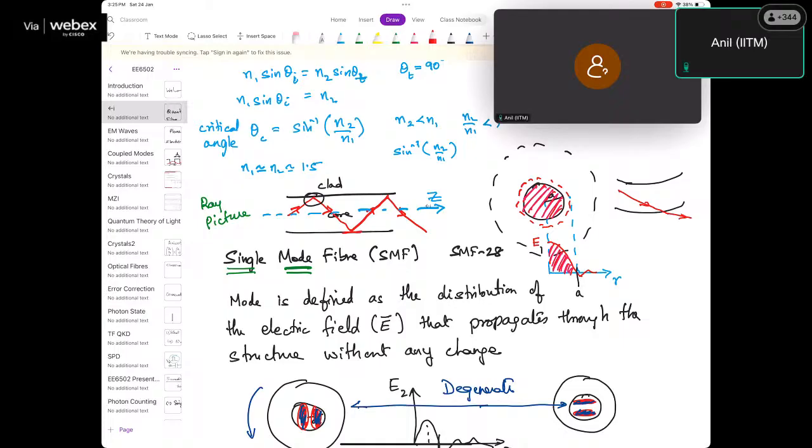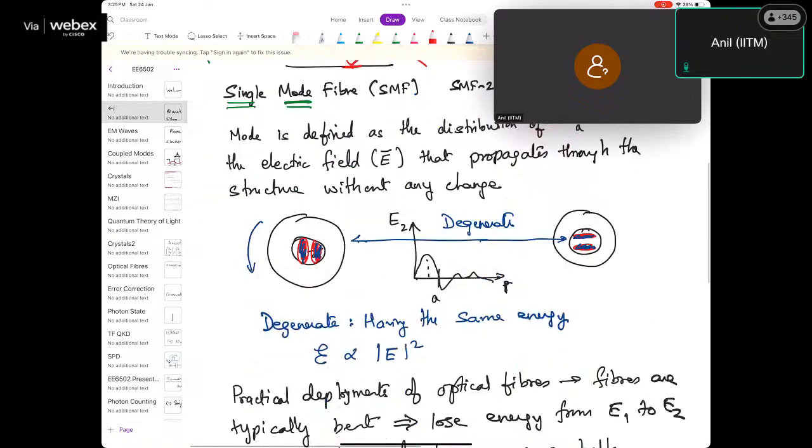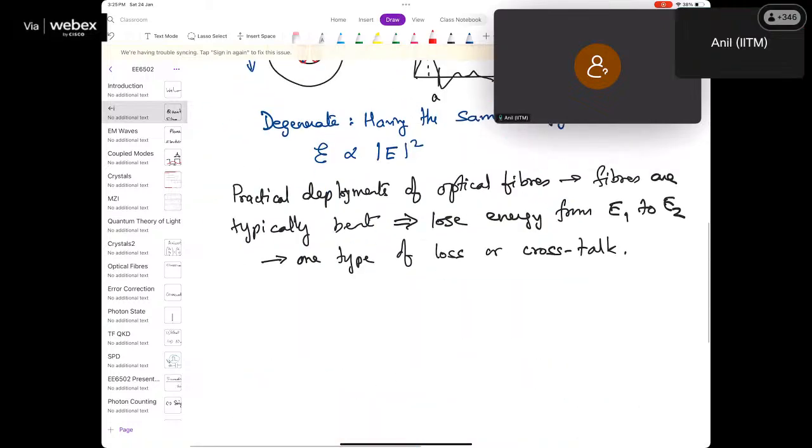So it's no longer seeing the flatness out here. Instead, it might just escape because I bent it. So bending causes loss. And that's one type of loss.